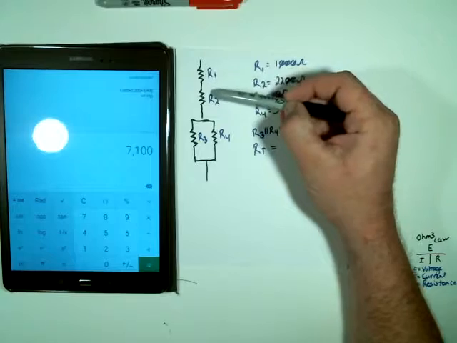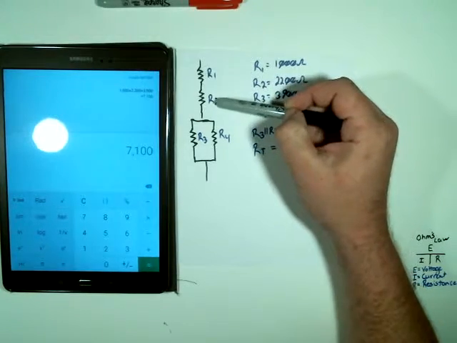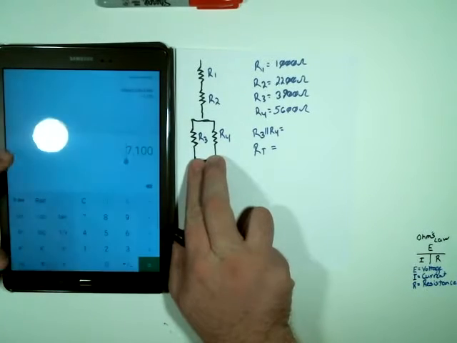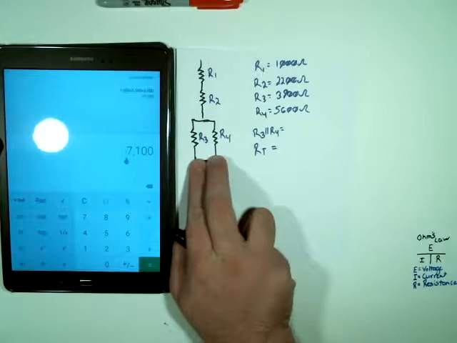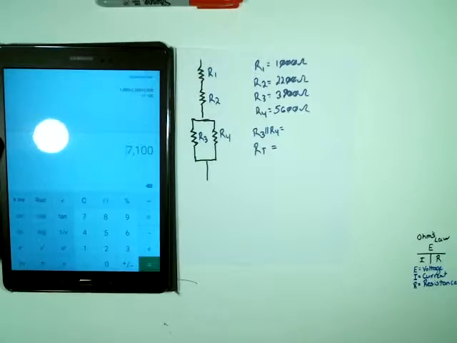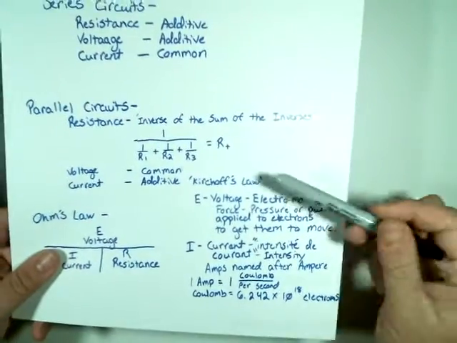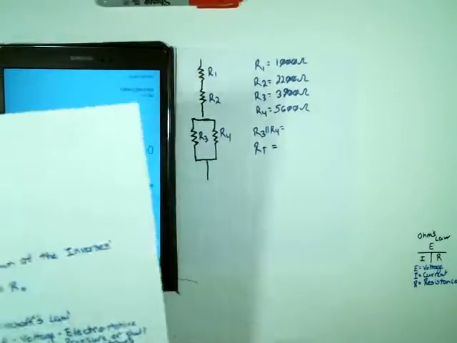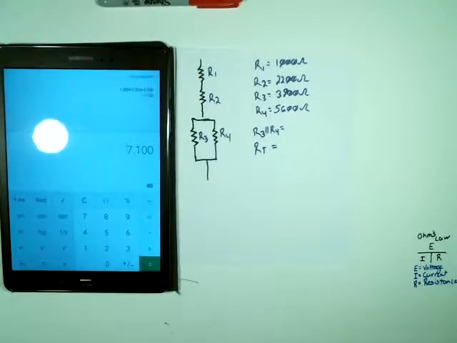So R1, and then you add R2, then you add the total between R3 and R4. Now remember, we have to use our inverse, or the sum of the inverses formula for those. And there's other equations out there.